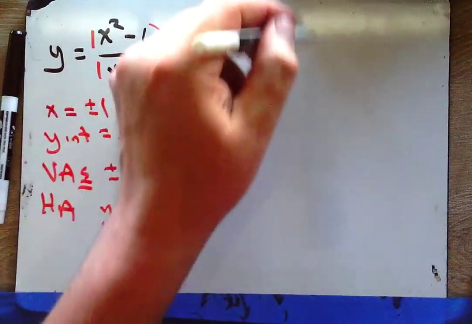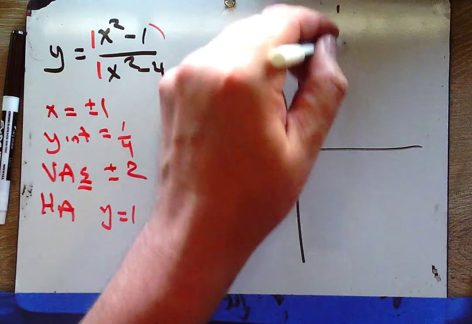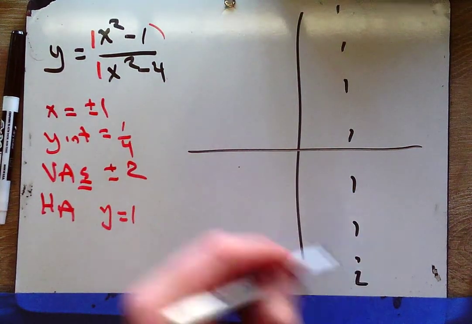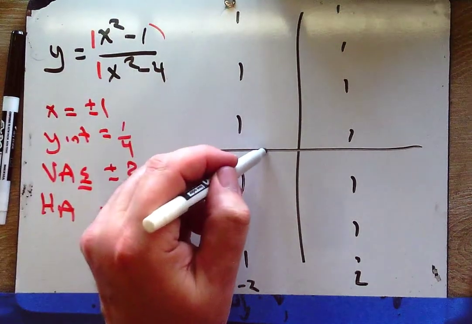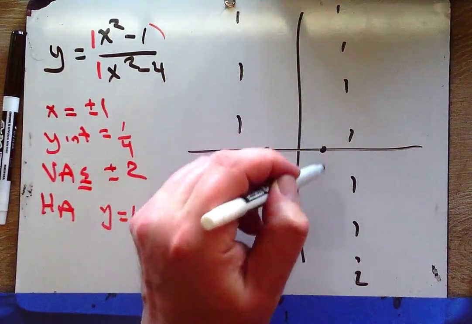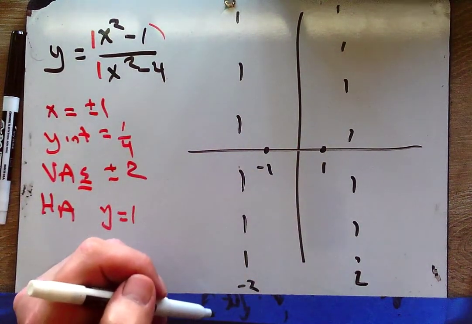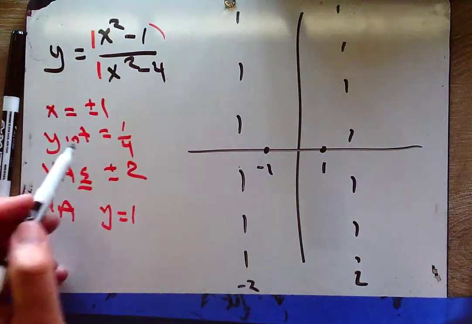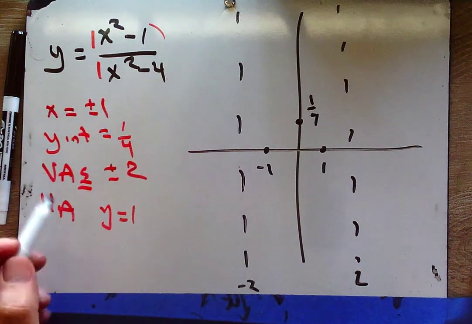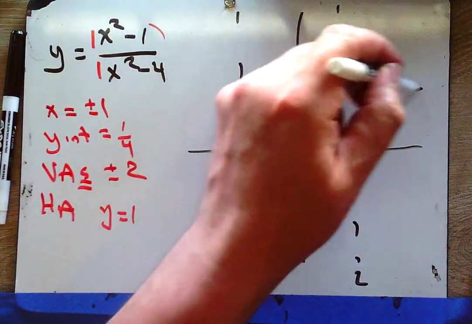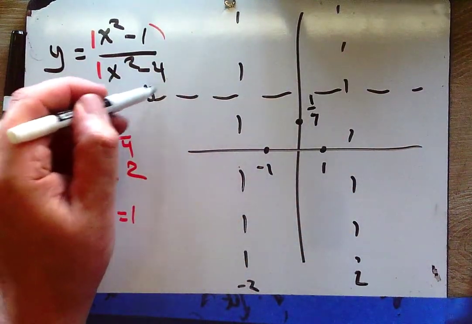Well, let's graph what we know. We know we've got these two vertical asymptotes at 2 and negative 2. We have x-intercepts at negative 1 and 1. We've got a y-intercept of 1/4. We have a horizontal asymptote at y equals 1.